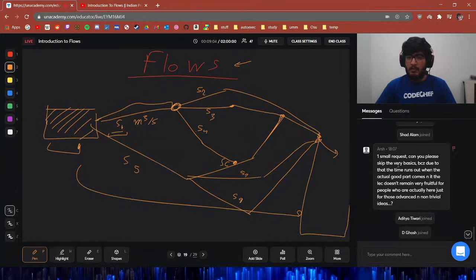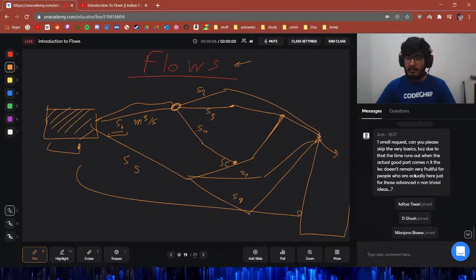One small request, can you please skip the very basics, because the time runs out when the actual good part comes in, and the lecture doesn't remain very fruitful for people who are actually here just for the advanced and non-trivial ideas. I'm not going to go on many non-trivial ideas. I'm going to go on scaling method and stuff like that, but this is also going to be a 2-hour session, right?